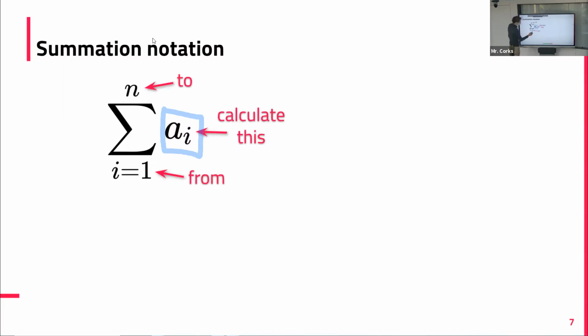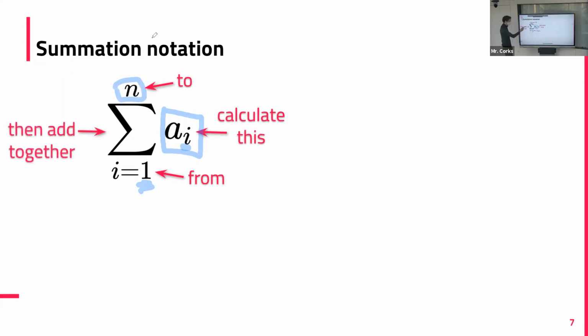So let's start when I is equal to 1. We have I here, and go until I is whatever number is on the top, n, and then stop at that point. So it's telling us how many we'll have. And again, the big sigma looking thing here just means once you've made all of those things, add them all together. So it's a series.